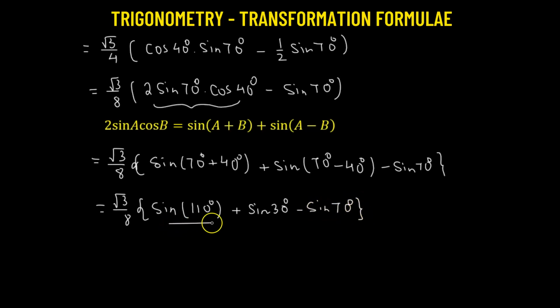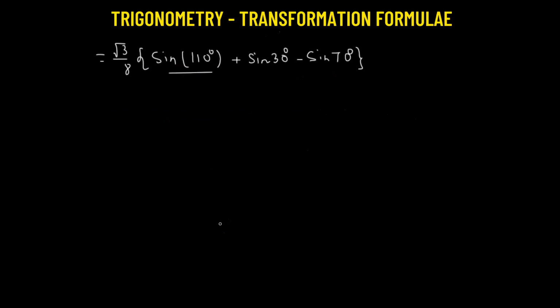Fine. Now let's work out sine 110 degrees. Now we know that sine 110 degrees can also be expressed as sine of angle 2 times 90, so that's 180 degrees, from which if we subtract 70 degrees, then we should get back 110 degrees. The reason we're writing it in this particular fashion is because now we have an even multiple of 90 degrees.